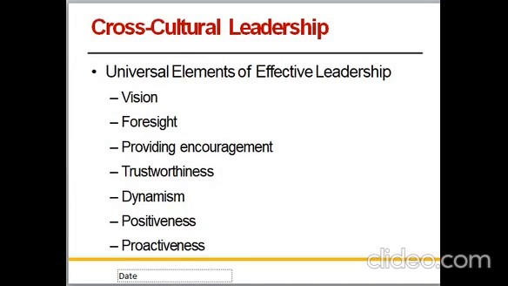Another contemporary issue of leadership is how cultural behavior influences leadership. As we have discussed earlier, to be an effective leader, we need certain qualities. These include that the leader should be visionary, he should have foresight, he should empower or encourage people, he should show trust, he should be very flexible, have a positive attitude, and should be proactive rather than reactive.